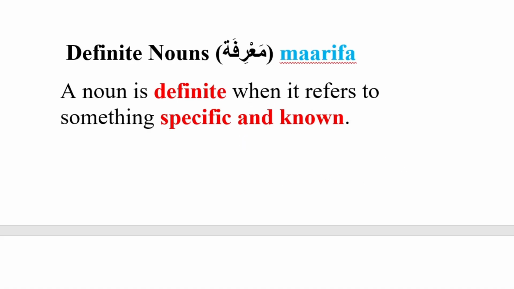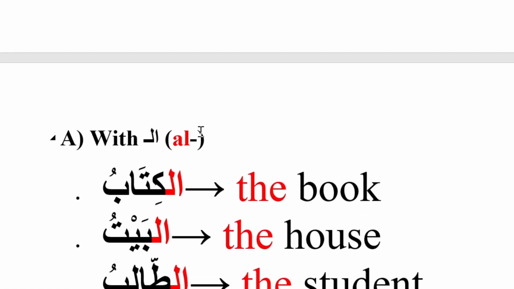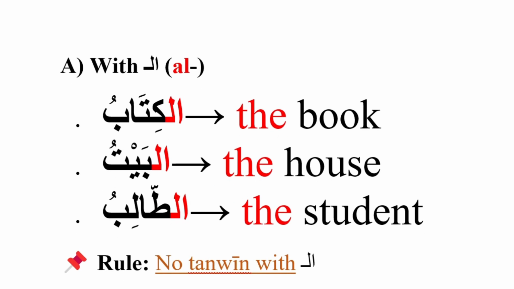معرفة is the opposite. It has alif and lam. So this is the difference. If someone asks you what is the difference between معرفة and nakira: nakira has no alif and lam, and معرفة has it. That's so simple. So كتاب will be الكتاب, بيت will be البيت.